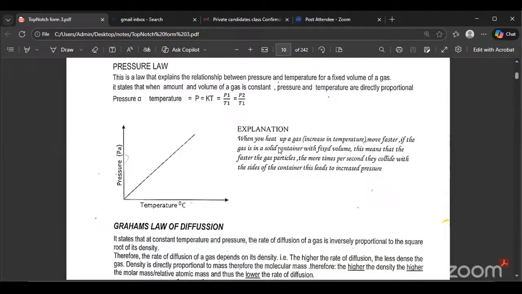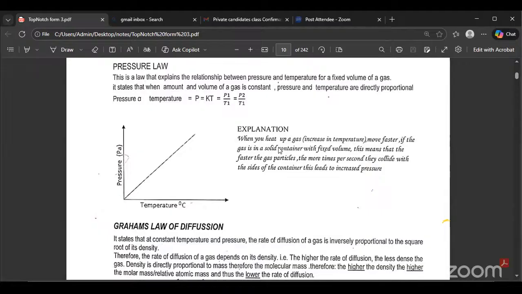So pressure law now. In the pressure law, we want to explain, we remove volume and keep pressure and temperature only, and we fix the volume of the gas. It says that keeping the amount of volume constant, pressure and temperature are directly proportional.